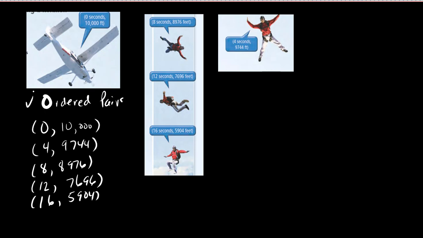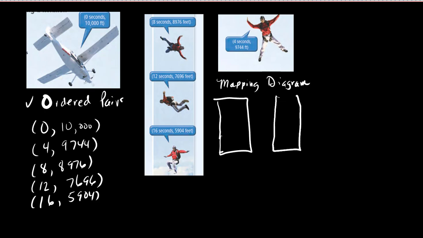All right, so we represented them in ordered pairs. How else can we represent those? All right, we can represent them in a mapping diagram. And in the mapping diagram, we have our input values on the left, arrow in between, and our output values on the right.